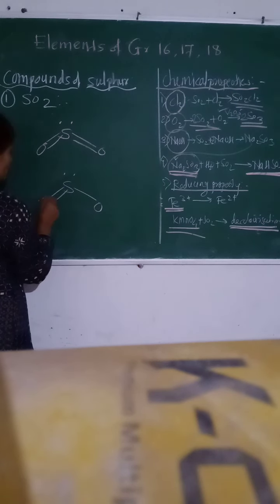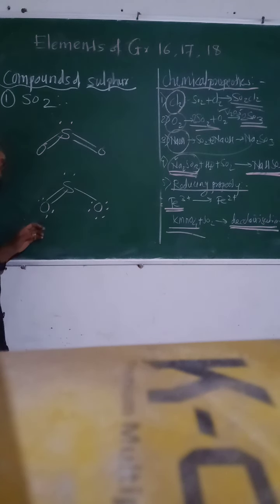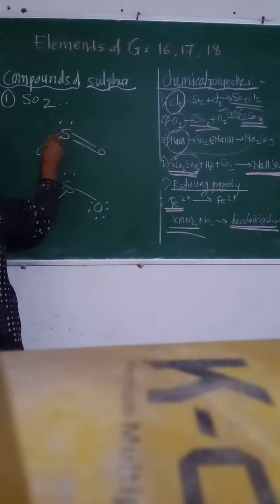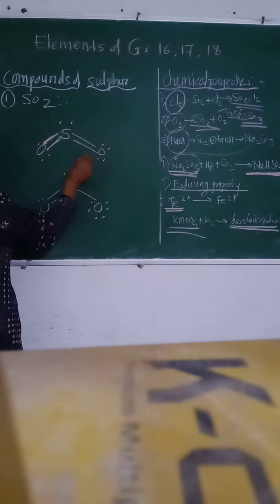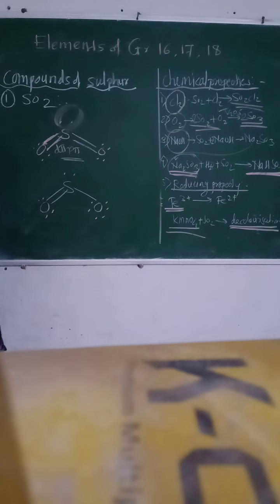Here, that will be the correct structure of sulfur dioxide, and d pi-p pi bonding will be observed in the sulfur, which has the lone pair. Means the structure of sulfur dioxide we have to write in that way.